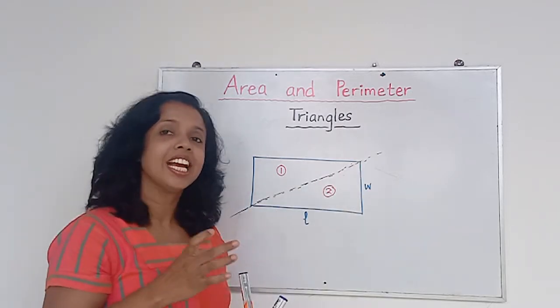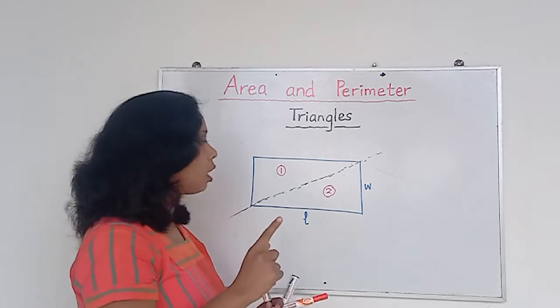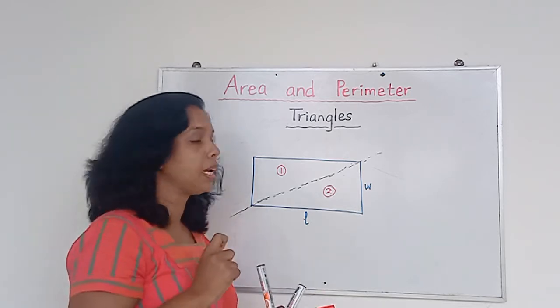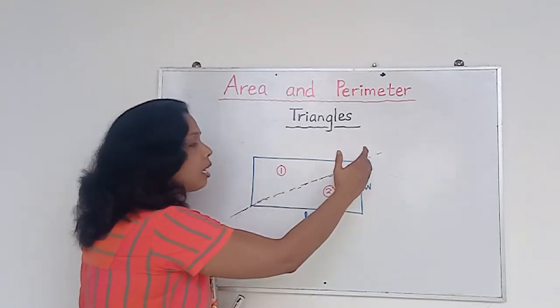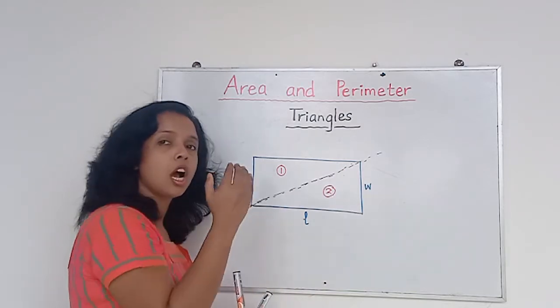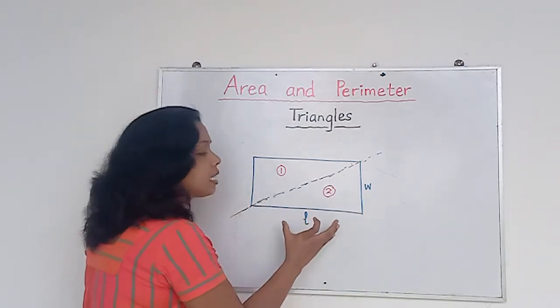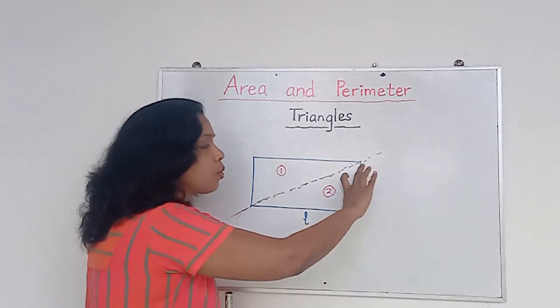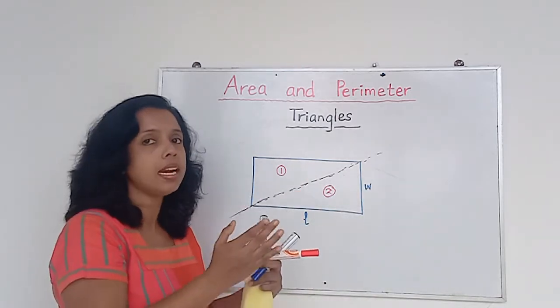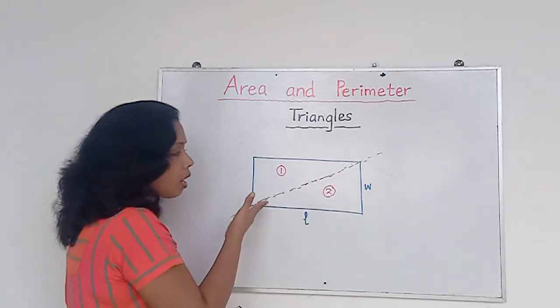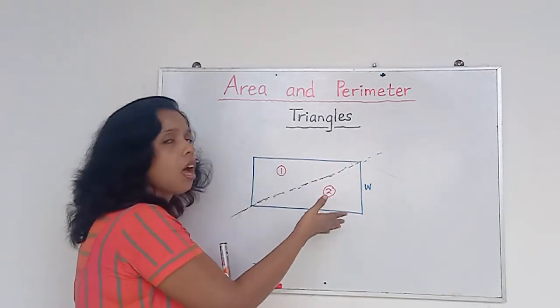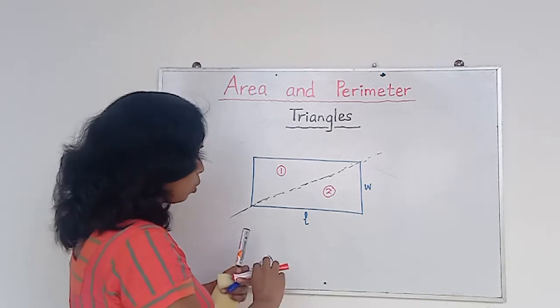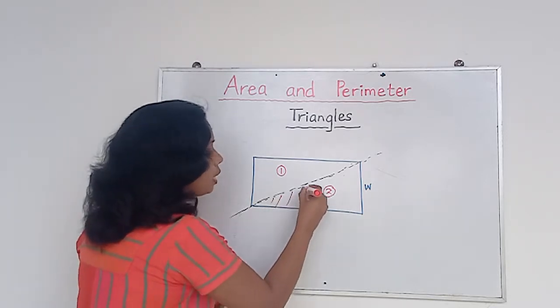grasses, right? Now tell me, with the knowledge you gained from the previous video, the full rectangular land, how do you find the area? It is length times width, right? Now I don't want to cover the whole land. Instead, I want to cover exactly half. So tell me, what is the area of this part?